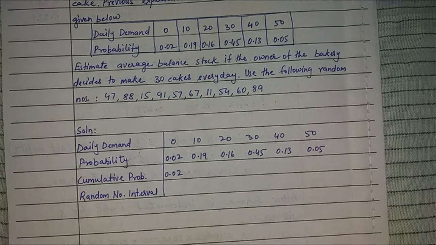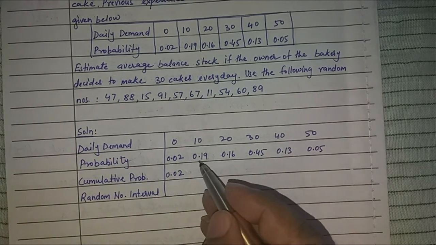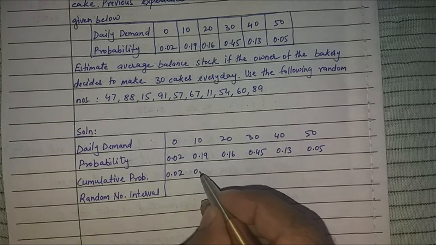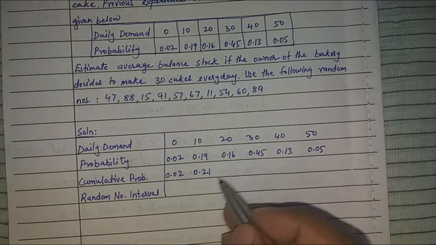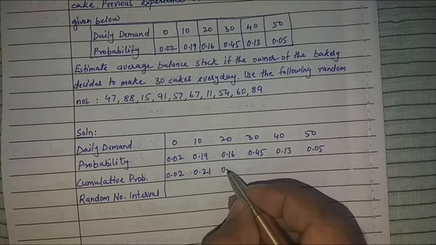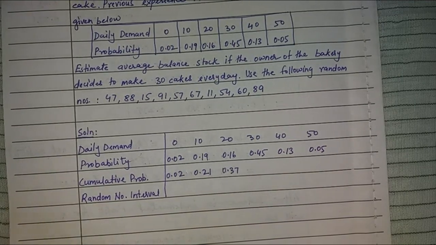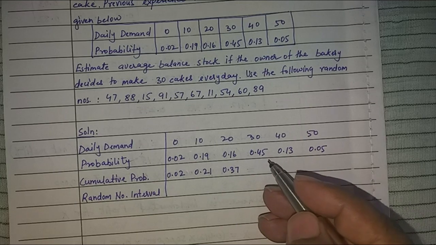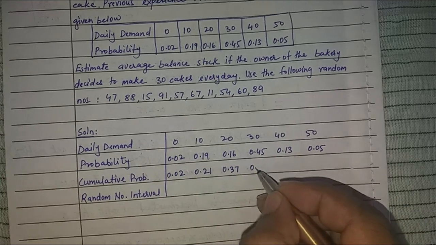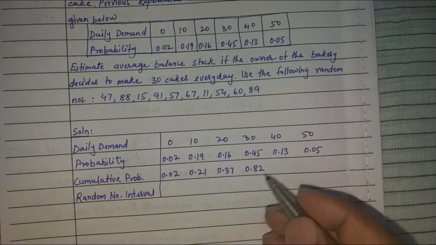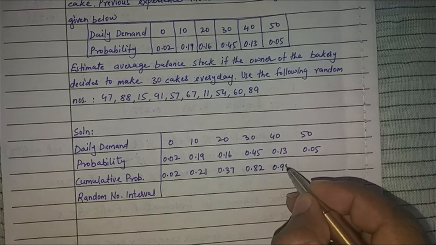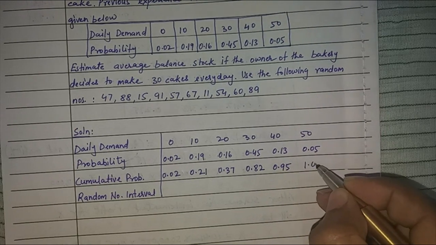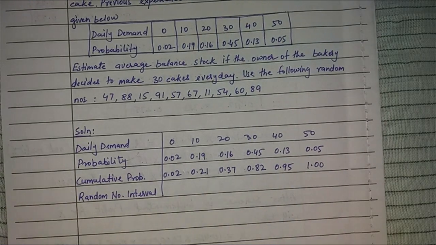So 0.02 plus 0.19 gives me 0.21. 21 plus 16 gives me 37, so this is 0.37. 37 plus 45 gives me 82, so this is 0.82. 82 plus 13 gives me 95, so this is 0.95. And finally 1.00. This is my cumulative probability.